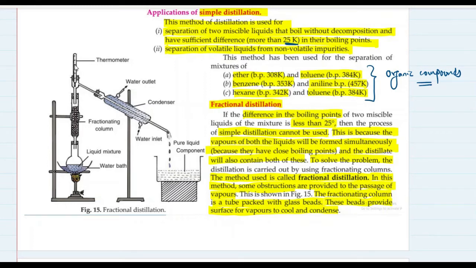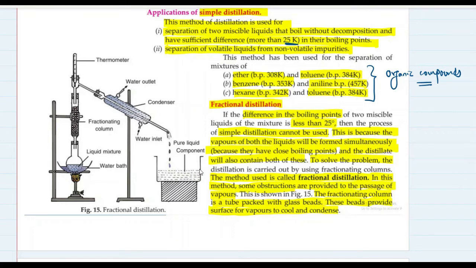The temperature of the thermometer will also show 56 degrees Celsius. So the vapors of acetone will have no scope of getting condensed here in the fractionating column and trickling down in the form of liquid and falling back again into the water bath. It will not happen. It will now travel into the condenser and become liquid and fall into the receiver.